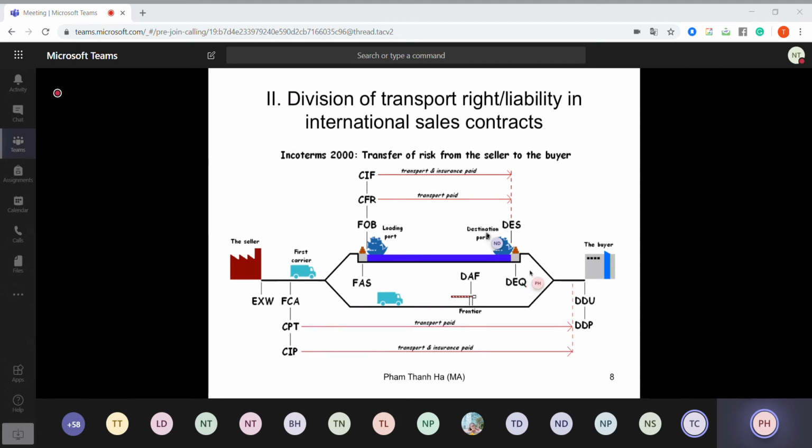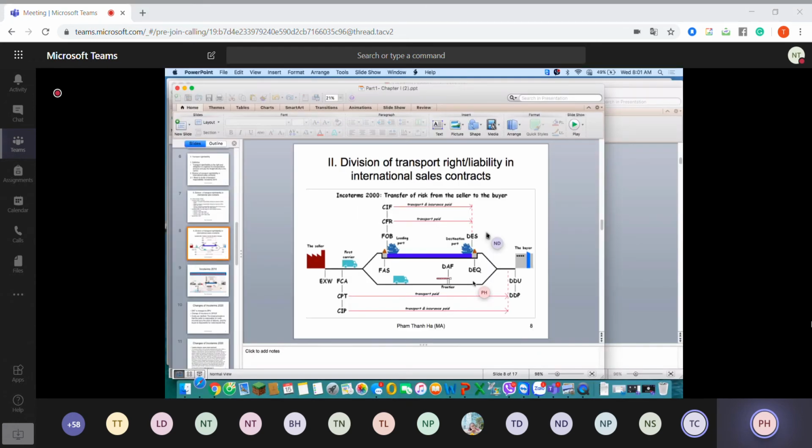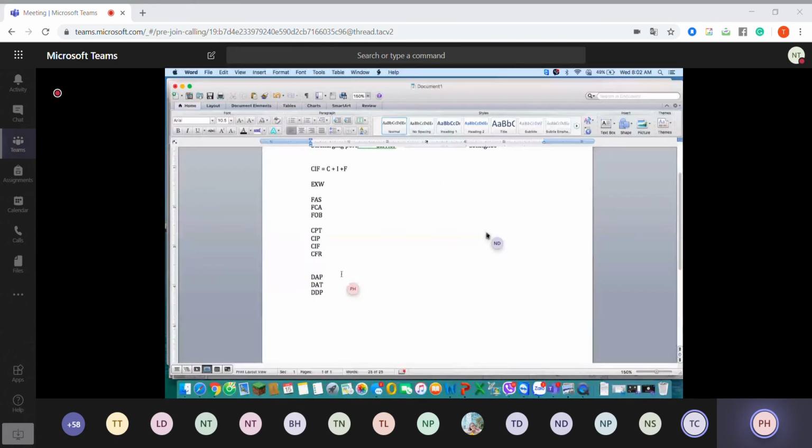The other two are DDU, which means delivered duty unpaid, and delivered duty paid. The DDP here is exactly the same as DDP in Incoterms 2010. And the last one is DAF, which means delivered at frontier.